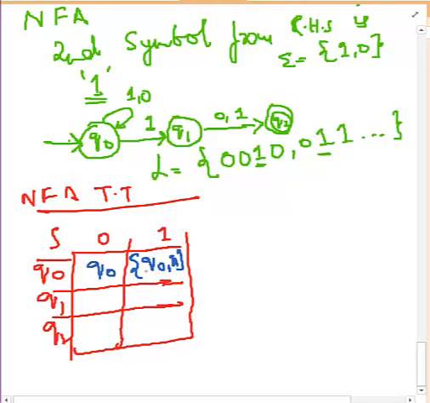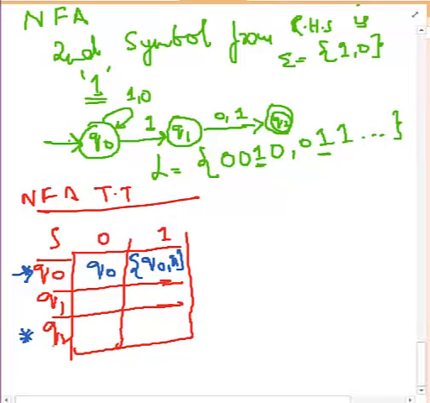We'll see that. We should also note down which is my start state. Q0 is my start state, so I will mark it here. And which is my final state? Q2 is my final state, so I will put a star on the final state, right? Now wherever Q2 comes in the NFA, because Q2 is a final state, wherever Q2 comes in a DFA, all those states will be final states, and Q0 is always going to be the initial state.